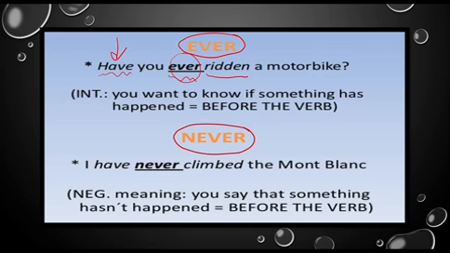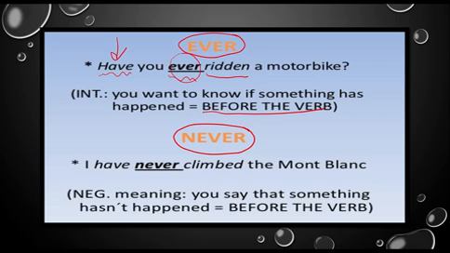You want to know if something has happened before the verb, ¿ok? Tú quieres saber si hay alguien que lo ha vivido, ¿verdad? Le ha pasado antes del verbo. Entonces tú lo tienes que usar antes del verbo. Ever es antes del verbo.